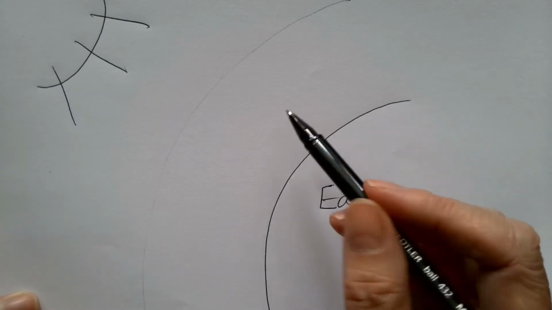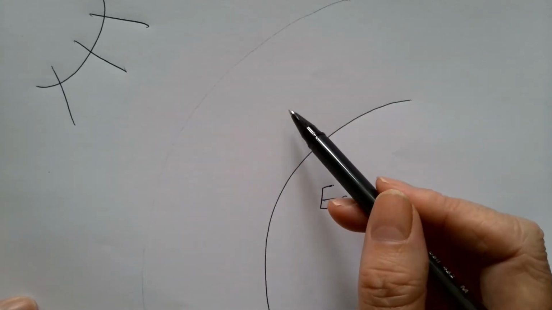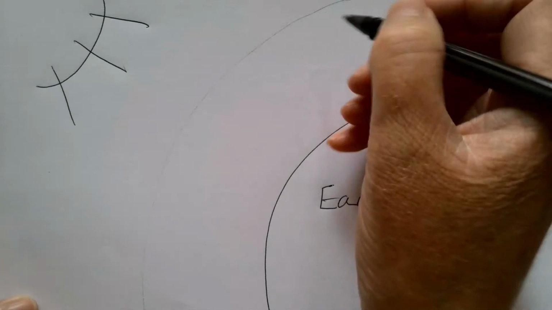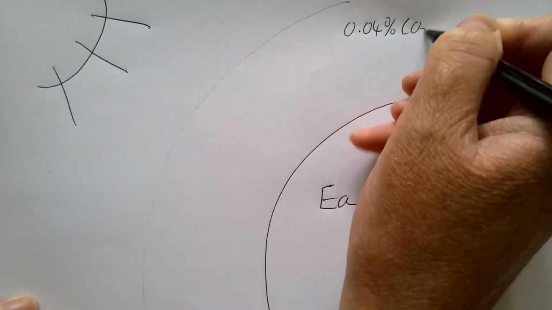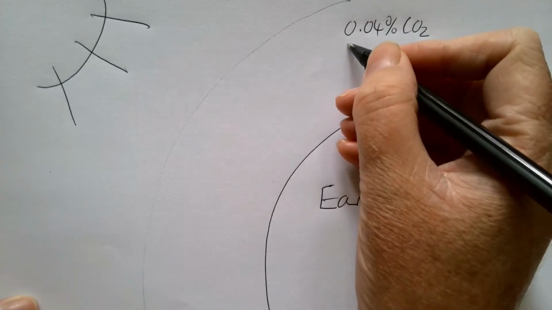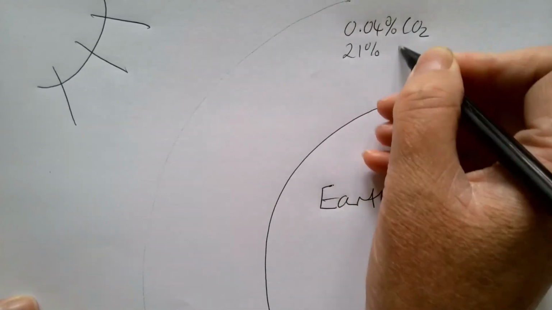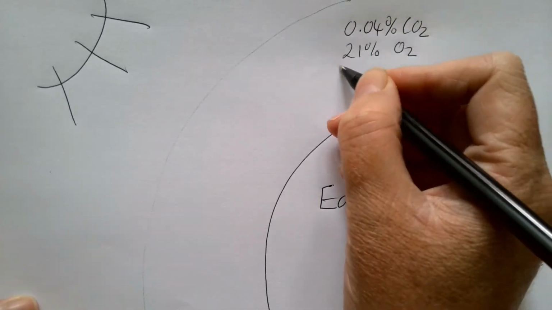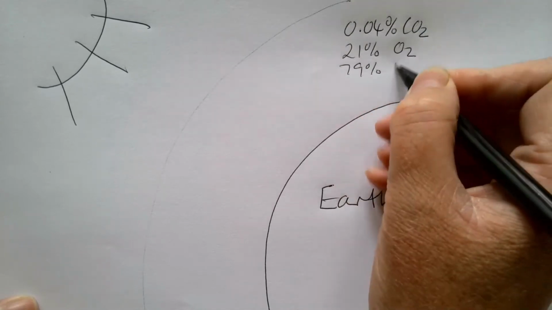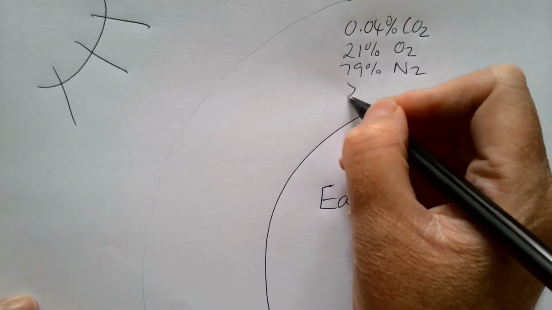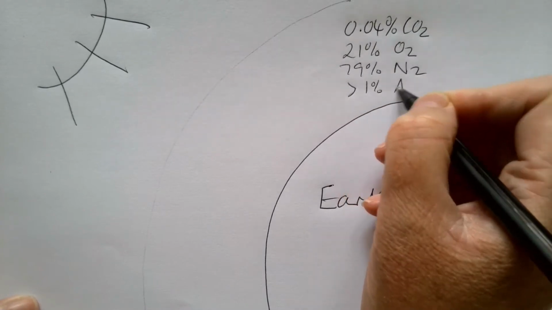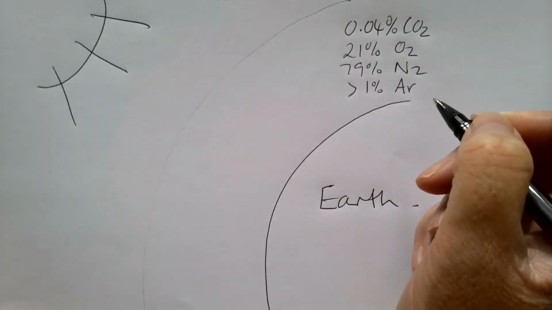We've been learning that the atmosphere today contains roughly 0.04% carbon dioxide. It contains about 21% oxygen, about 79% nitrogen, and then less than 1% of noble gases and things like argon. Okay.